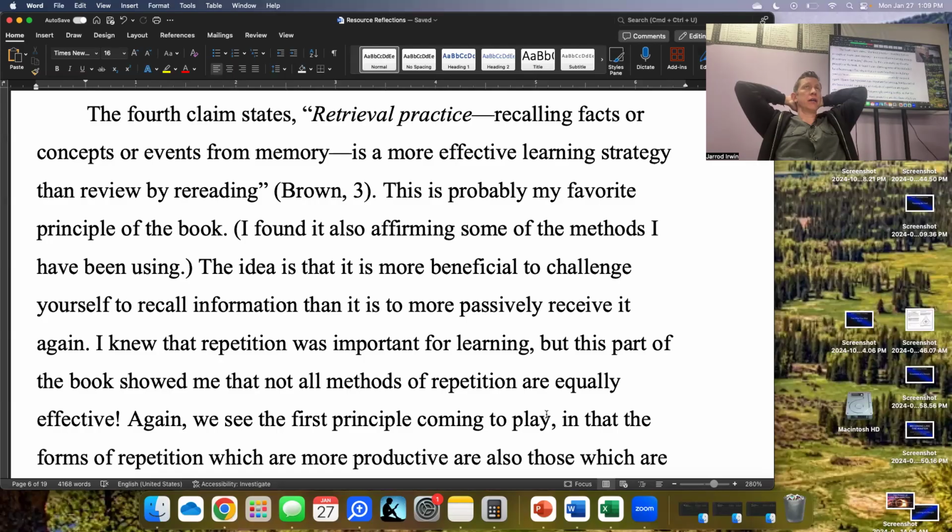No, actually, I was considering using that for the final paper, but instead I did a modified version of the apprenticeship.